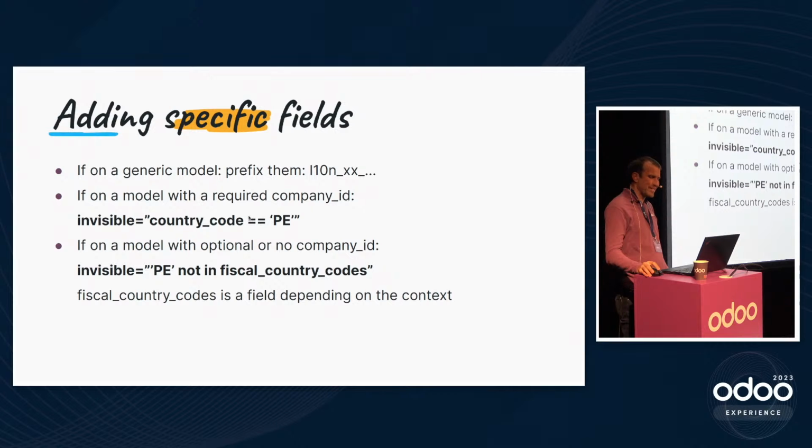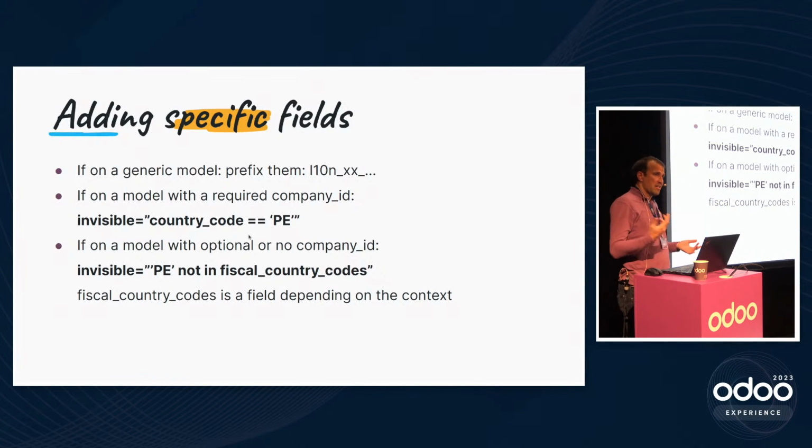Actually, I should have put not equals to Peru here. And that you can simply solve now. We don't have ATTRS anymore. In the XML, you just put invisible equals country code is not equal to Peru. But we have been struggling a long time.